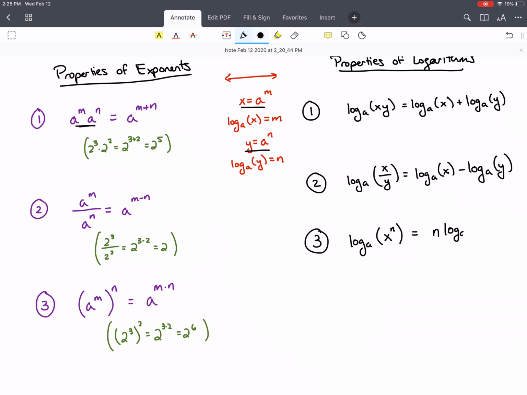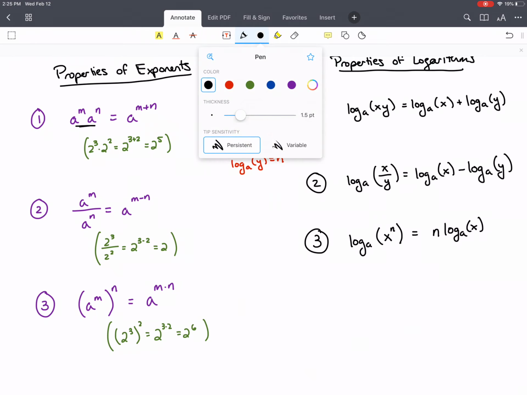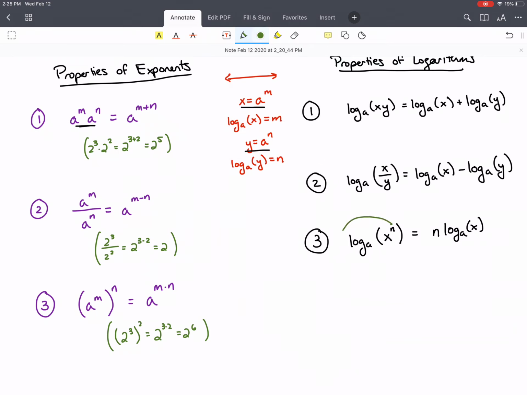So the exponent is log base a of x, and I multiply it by the power n. Sometimes people talk about bringing this n down, but it's the product of n times the other exponent, log base a of x, just like I have the product of exponents here. And that'll be my new exponent.